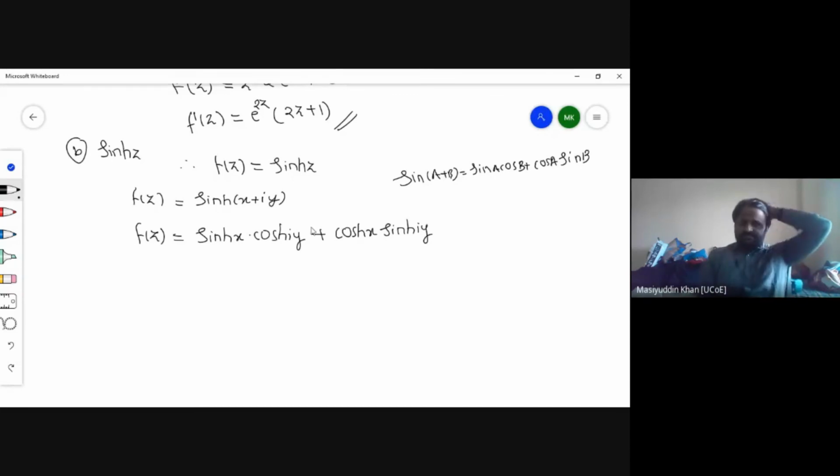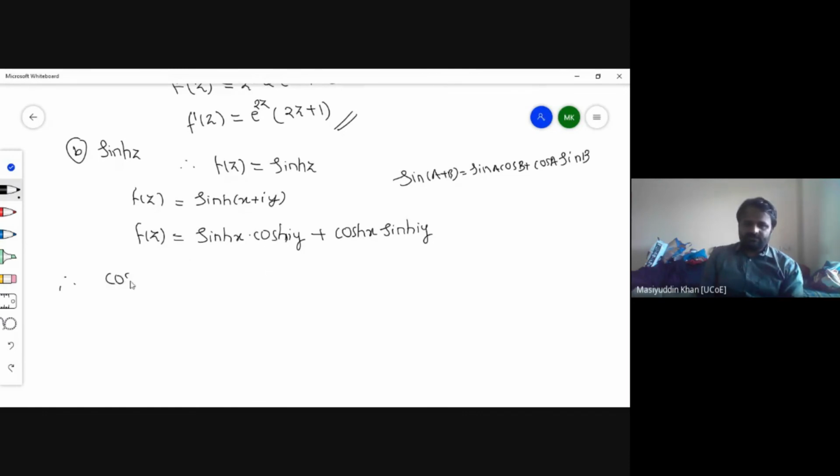Now there is one formula, if you remember, cos hyperbolic of, and if an imaginary part is given to you, then that relation should be remembered, because this relation is important: cos hyperbolic and sin hyperbolic of iy. We have to just remember this part because the sum is very simple and easy.